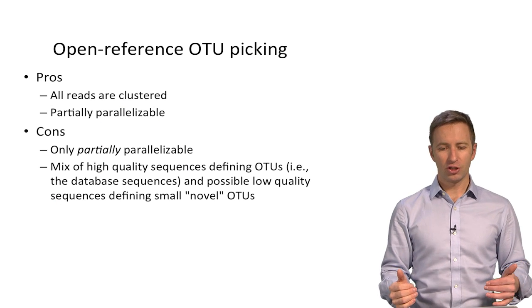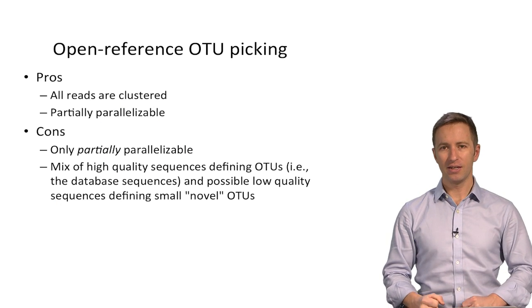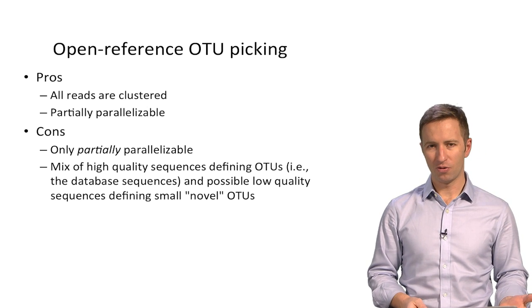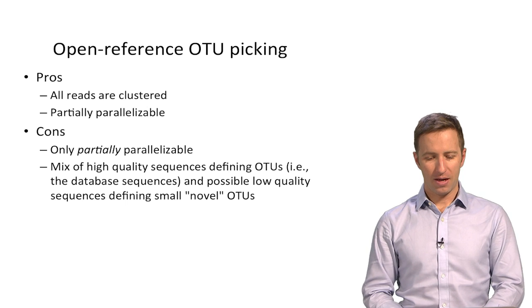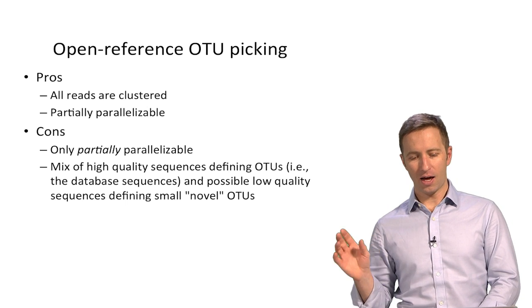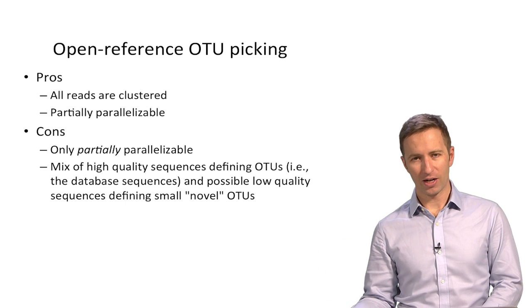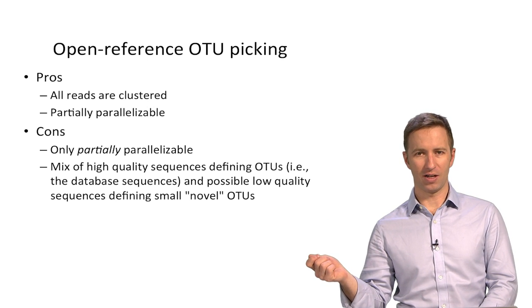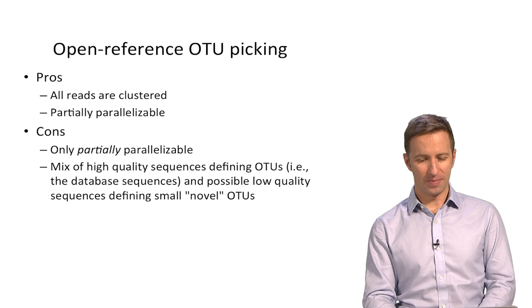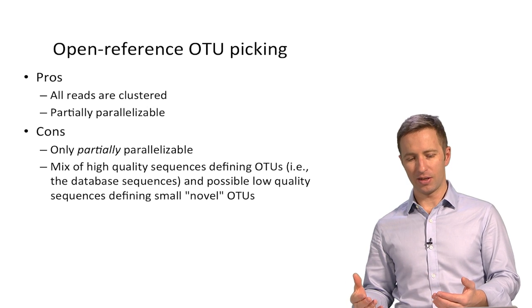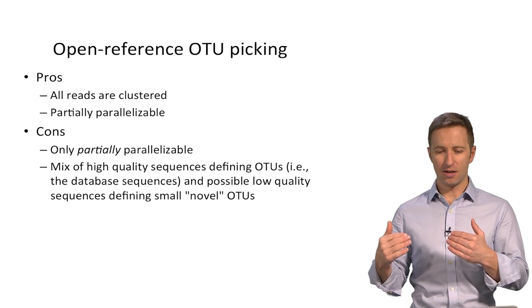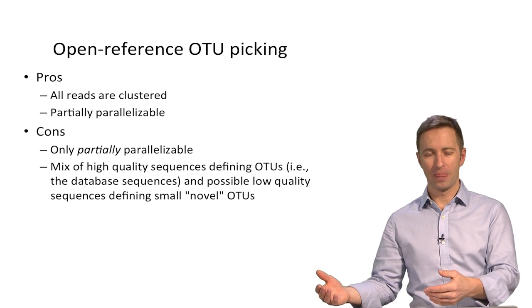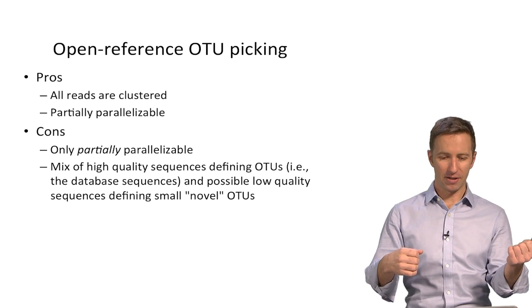The last approach is open reference OTU picking. This is generally favorable to de novo picking, because in a lot of environments, a good fraction, maybe half of your sequences, will hit the reference database. The nice thing about this is that the reference-based part of open reference is really fast, and then you don't have to throw out your data.